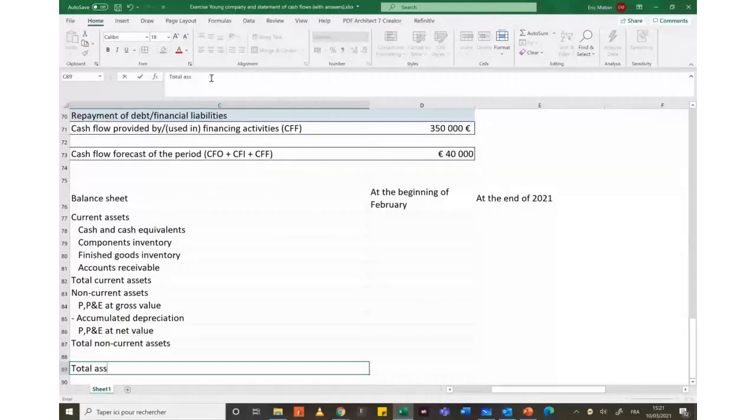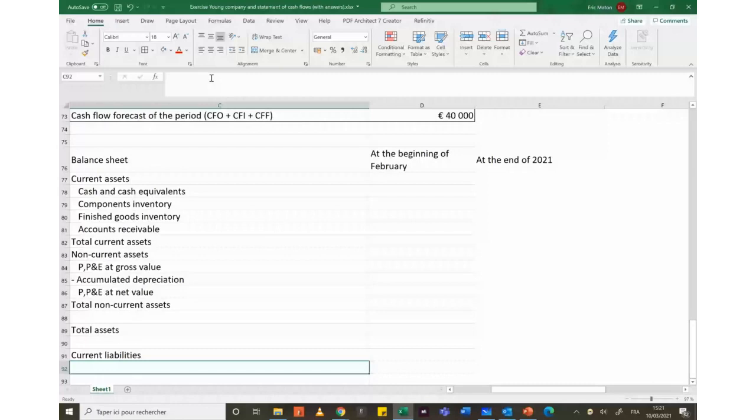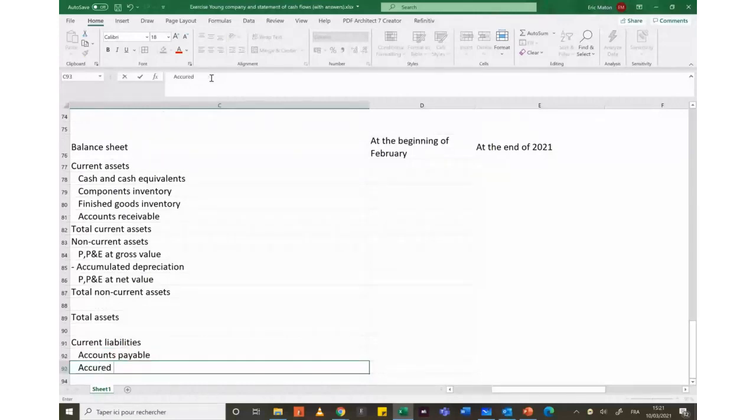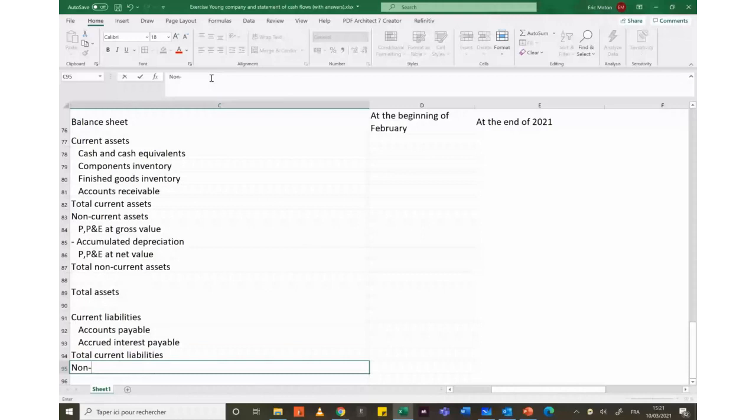On the other part, we have the current liabilities. In the current liabilities, we have only accounts payable and accrued interest payable. So now we have the total current liabilities. In the non-current liabilities, I forgot something.